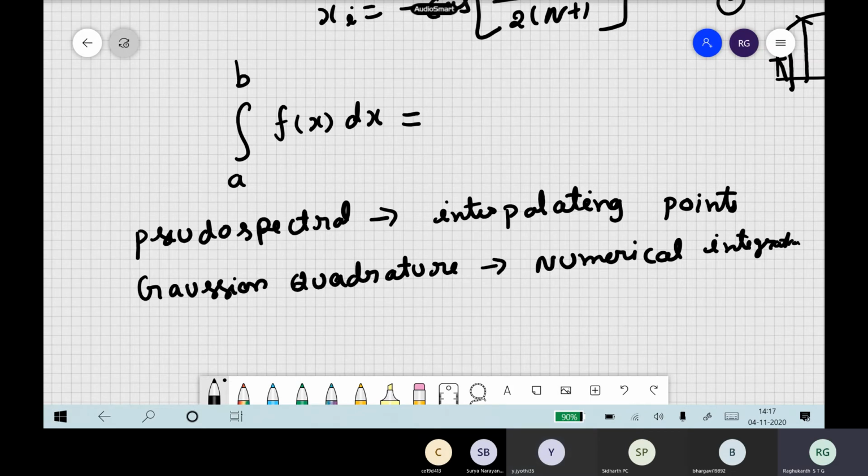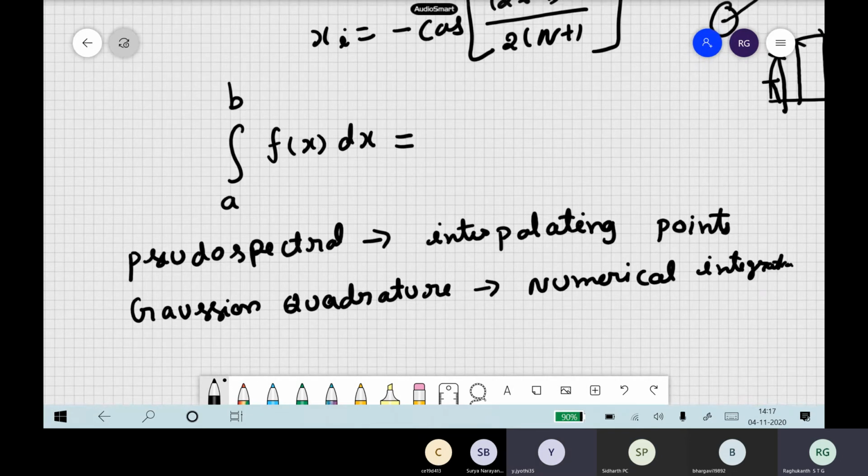We represent the integral as a summation.